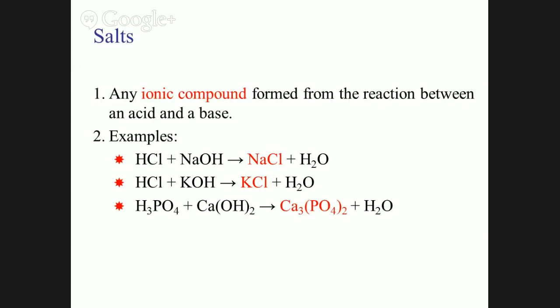But we have a name for ionic compounds, and that is salt. You can also kind of see why the early definitions for acids and bases were H and OH, because of course, if you put the two together, the H from the acid and the OH from the base, there's your H2O for water.